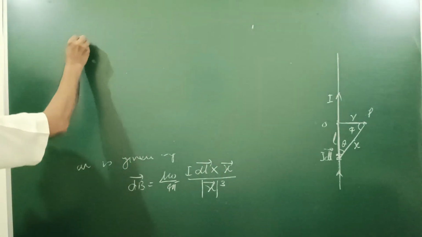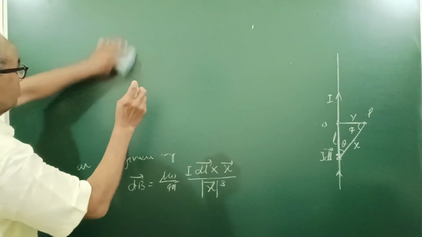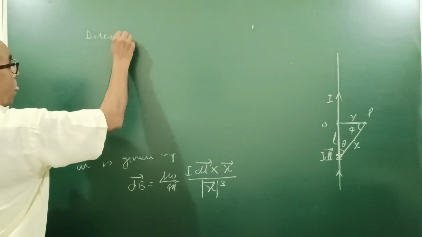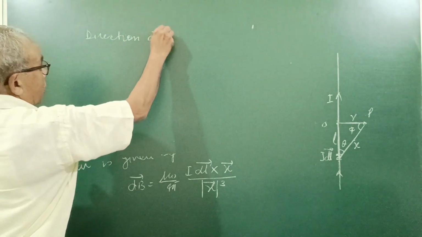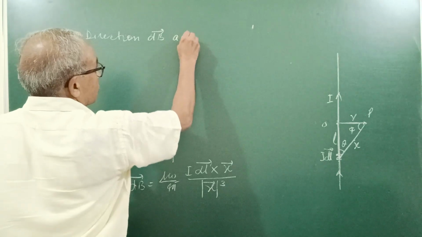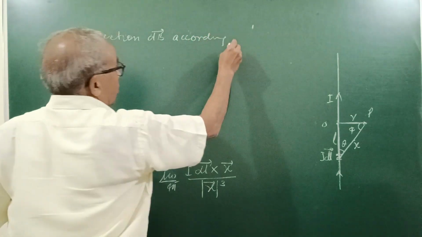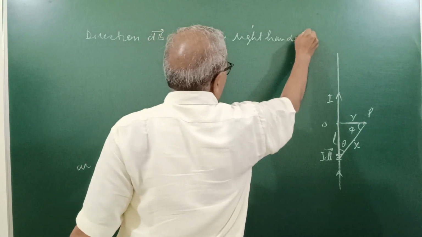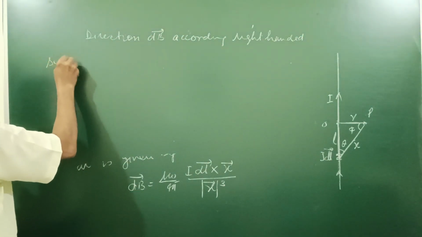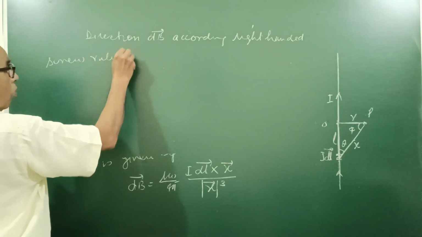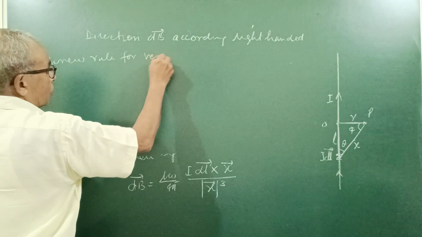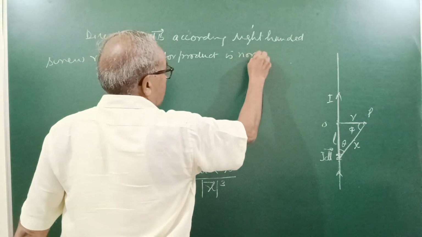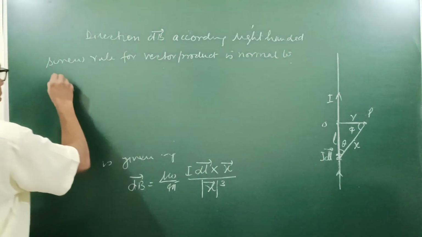Which way will it be? Direction of this field. Direction of vector dB according to the right-handed screw rule for vector product is normal to the plane.